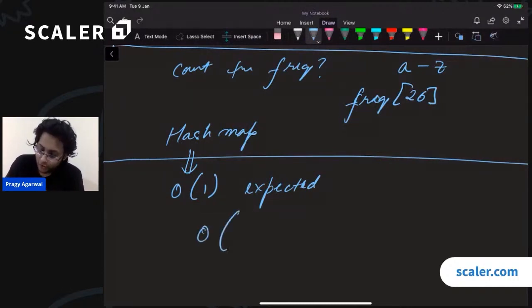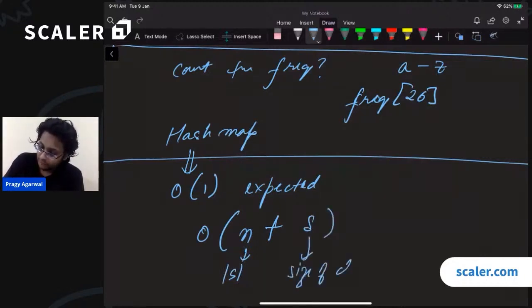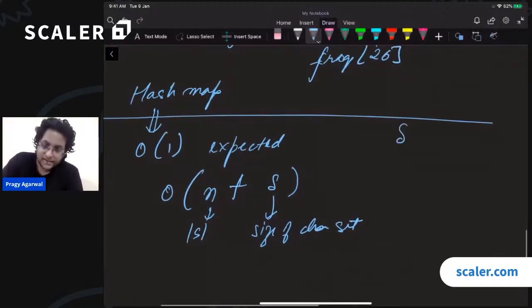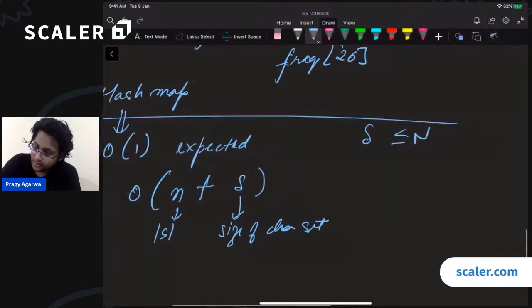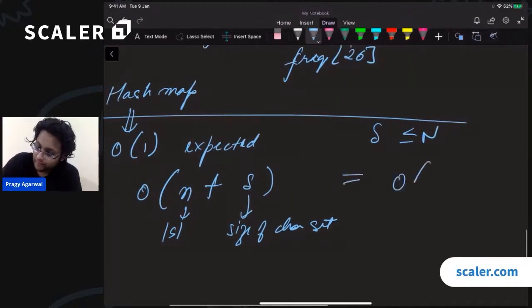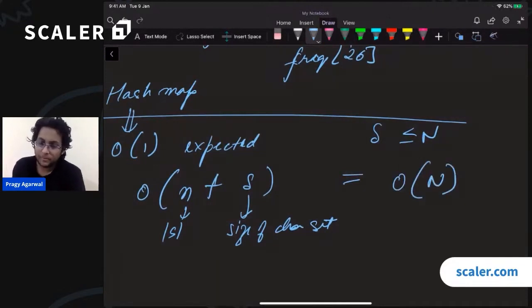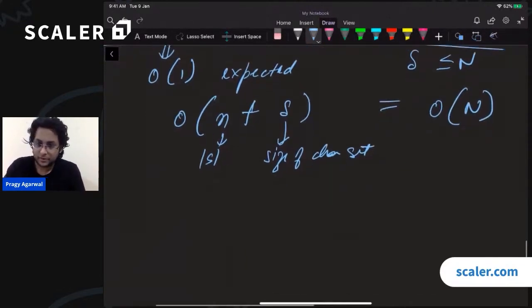So this is order of n, where n is the length of the string, plus order of delta, where delta is the size of the character set. And we always know that the size of the character set has to be less than or equal to n, because in the worst case, every character can be different. So I can just rewrite this as order of n. So that is the time complexity of the optimized approach.